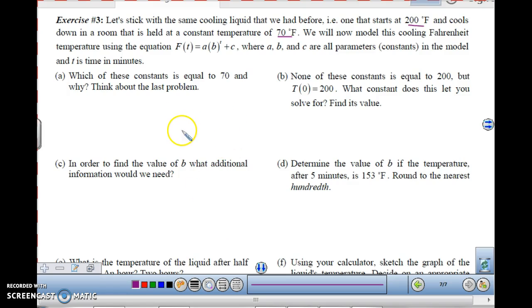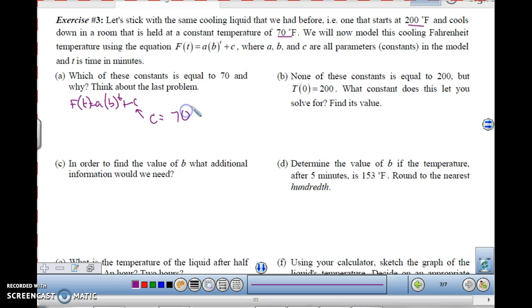Now, we said this is going to be shifted up, so it would be F of T equals A times B to the T plus C. It's going to be the C value.